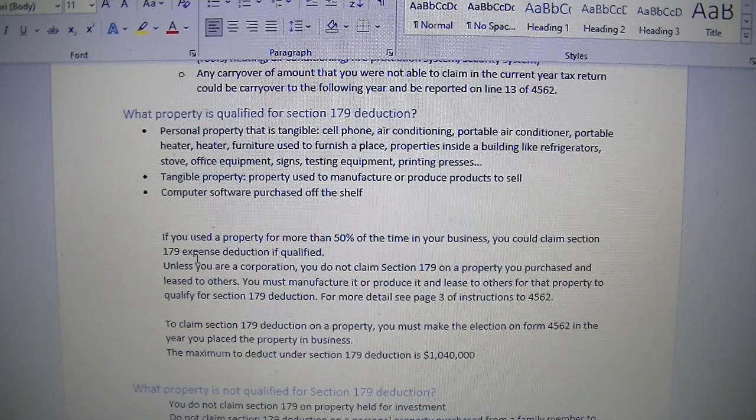That's the difference between the two. Unless you are a corporation, you do not claim Section 179 on a property you purchase to lease to others. You have to be the manufacturer or producer of the assets before you could claim a Section 179 deduction on it. If you want to read more about that, you can check page 3 of instructions to Form 4562.